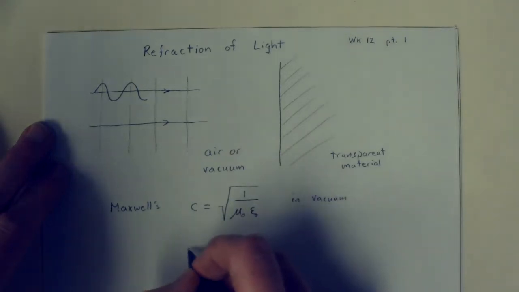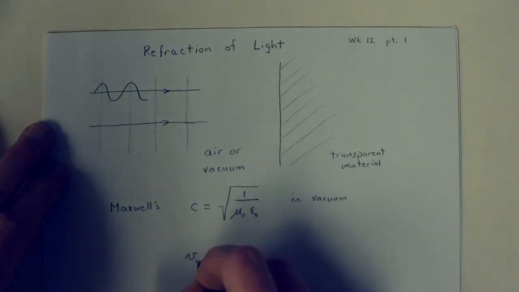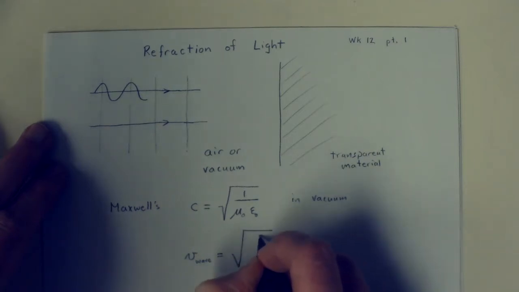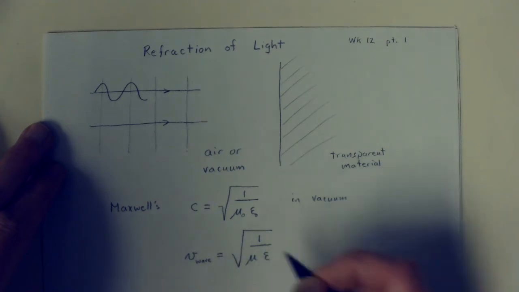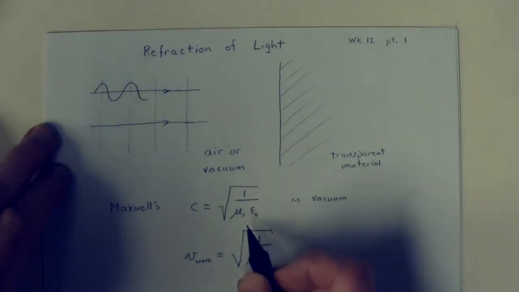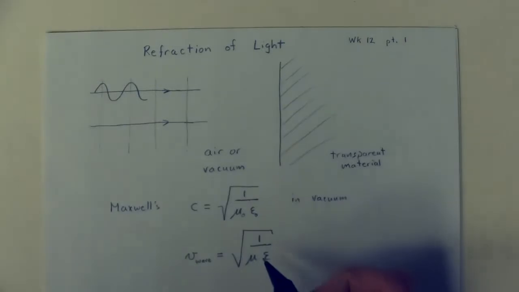In a material, it turns out that the velocity of these waves, the wave velocity, is given by a very similar formula, but it's 1 over the square root of mu epsilon, without the naught. It turns out that if you're in a material, these two parameters, mu and epsilon, have different values.